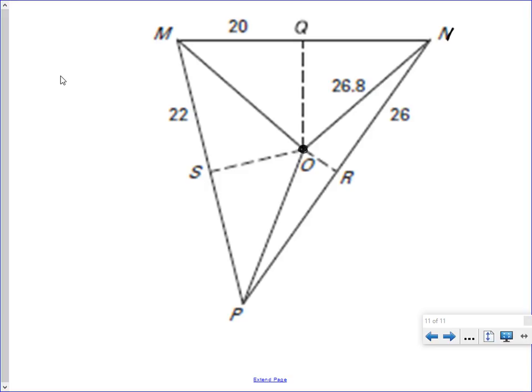Now, as you're going through this one, draw this out, draw in what you know.